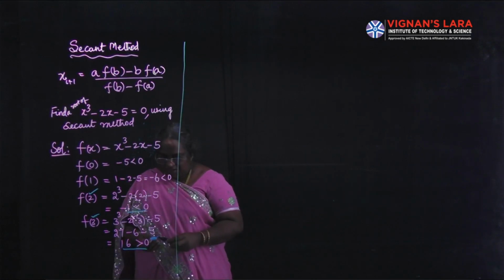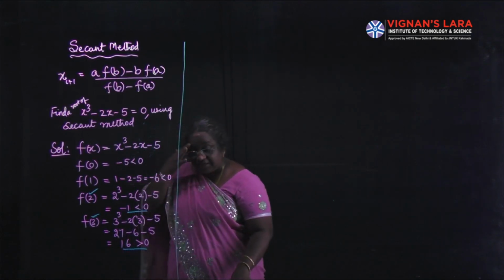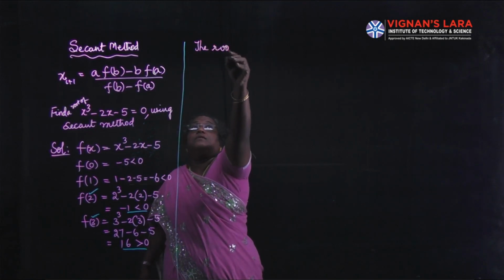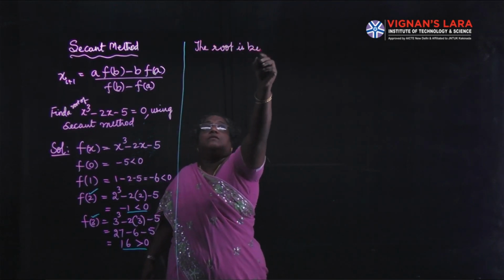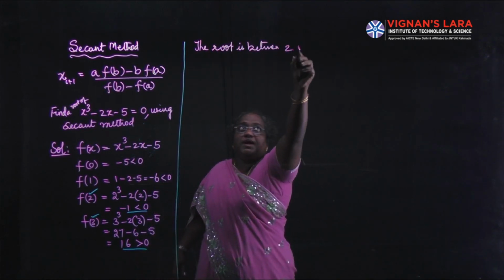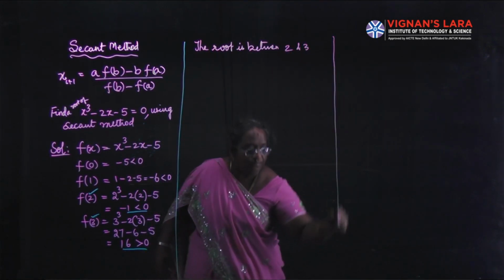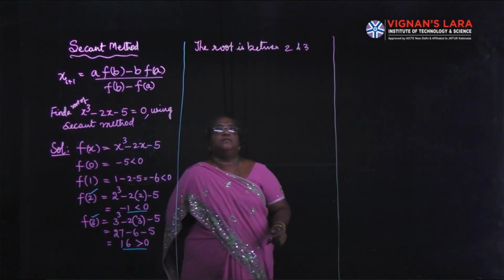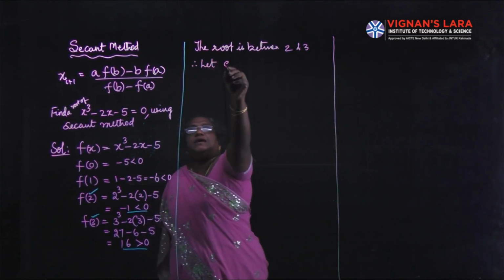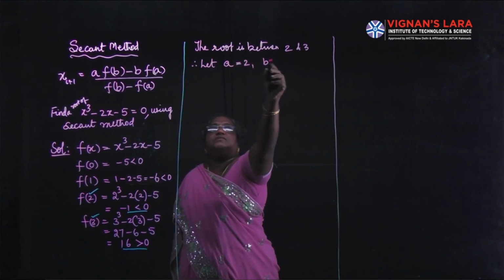Now you see. The root is between 2 and 3. Therefore, we take a is equal to 2, b is equal to 3.